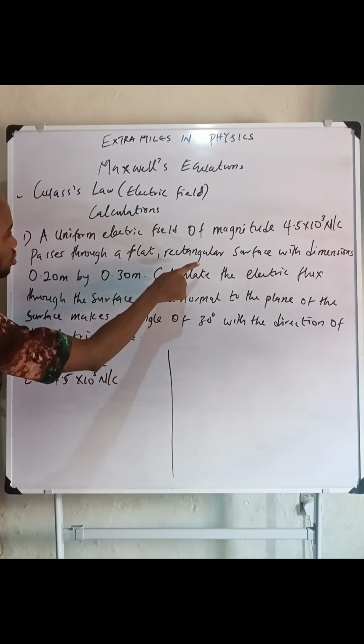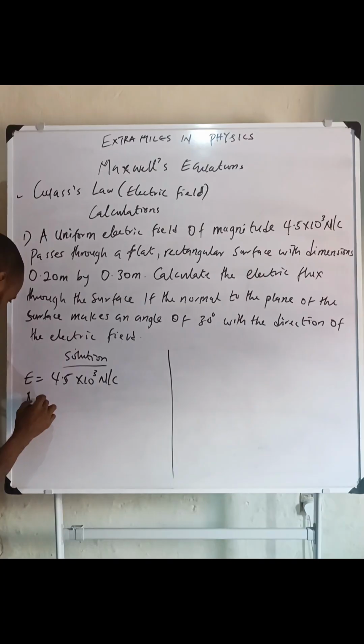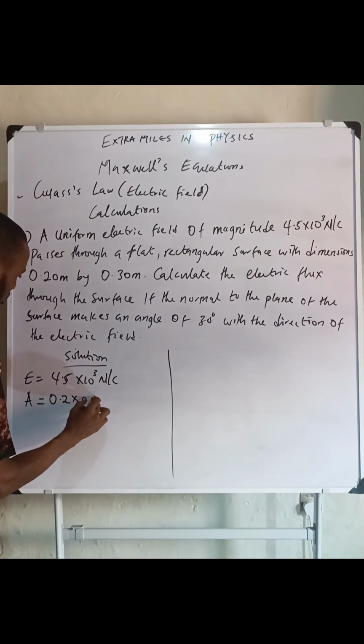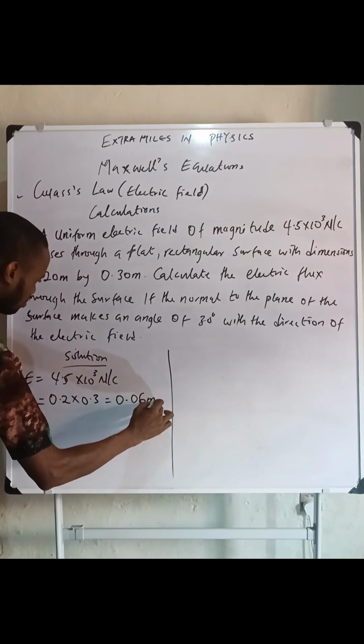Passing through a flat rectangular surface with dimensions this by this, we should know that this should give me my what? Area. Area is meter square. Length times breadth. So let's say our area is 0.2 times 0.3, and that should be 0.06 meter square.